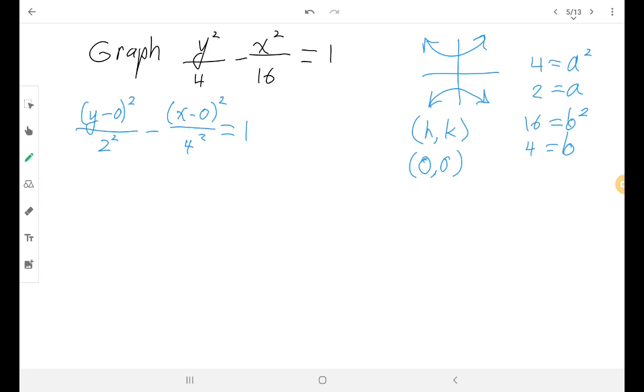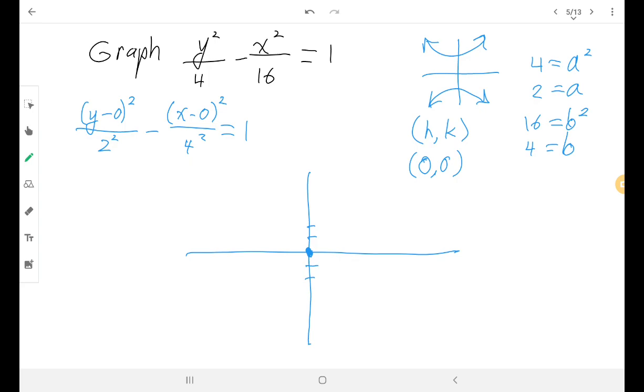And now I have all the information I need for this, right? I should be able to give a pretty good sketch of this. So let's take a look. My center is at 0, 0, so there's my center right there. Let me make some marks here. My A distance, which is in the y direction, is 2 in each direction from the center, so up 2 and down 2.